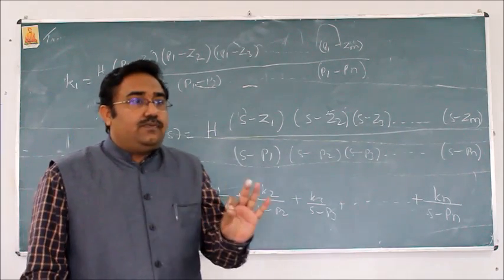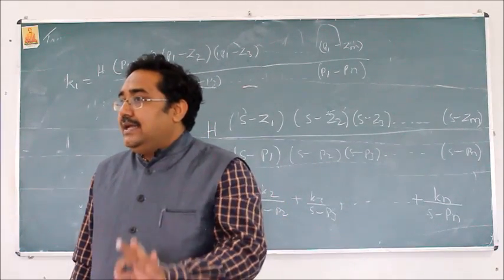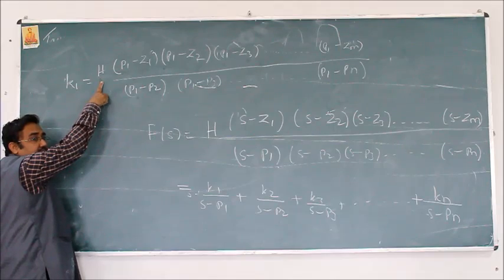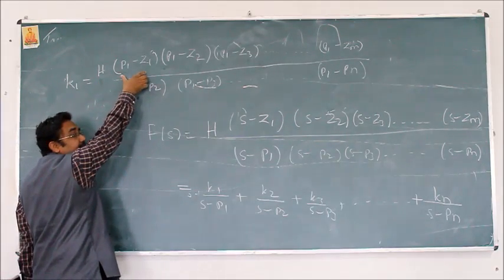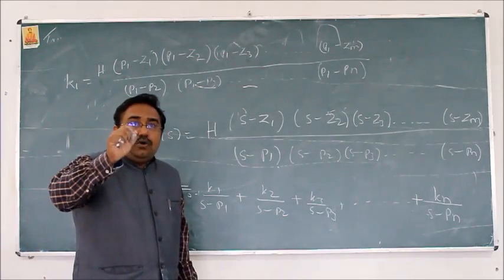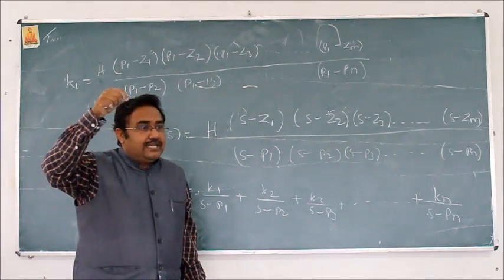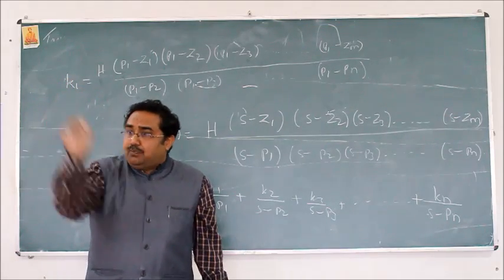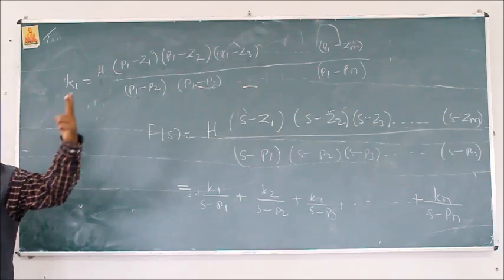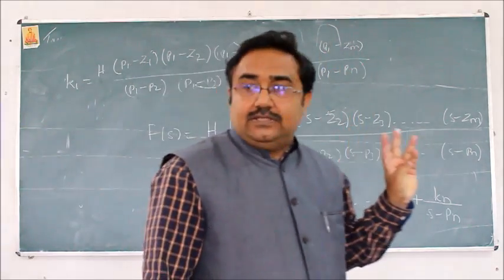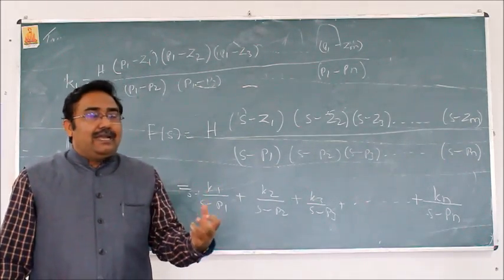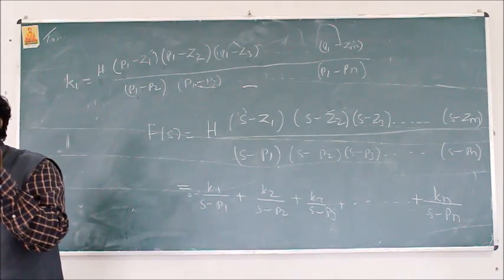So what we are getting is that the residue at any pole is nothing but the scale factor multiplied by the product of the phasors drawn from all the zeros up to that pole. Phasor means what? Two quantities are associated with a phasor: magnitude and phase.